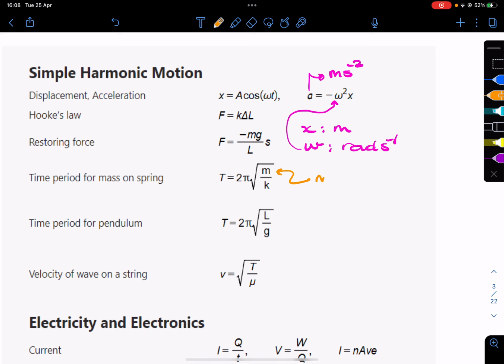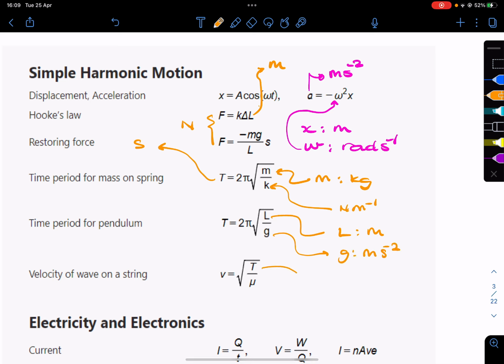M is in kilograms, T is in seconds, F is in newtons, L, length, is in meters, K, the spring constant, is in newtons per meter, L is in meters, G is in meters per second squared, T is in seconds. Not sure about the constant mu, but it's a constant, it should be given. V is in meter per second.